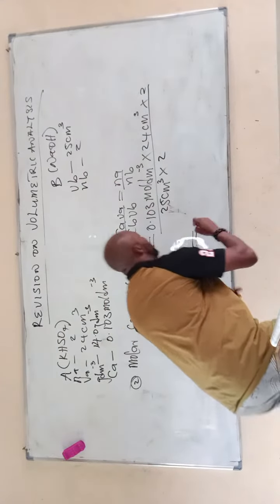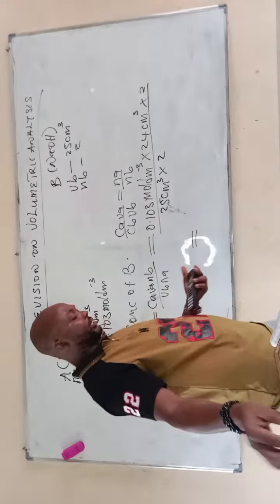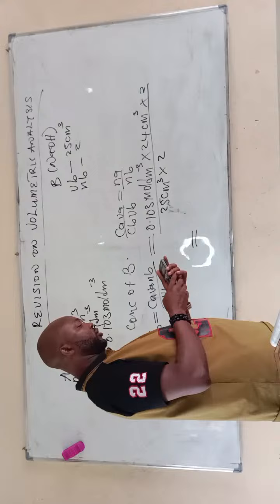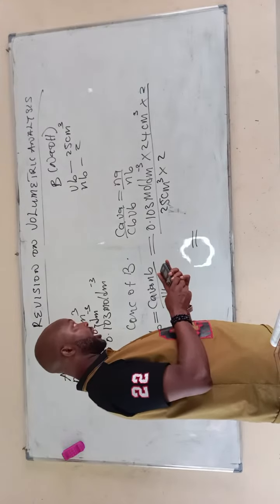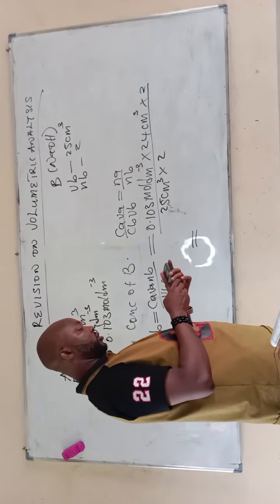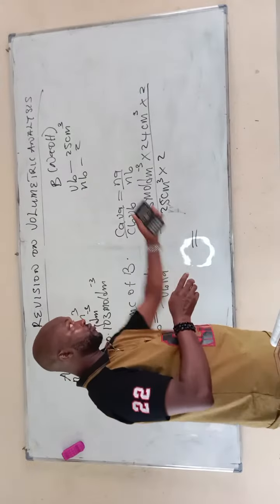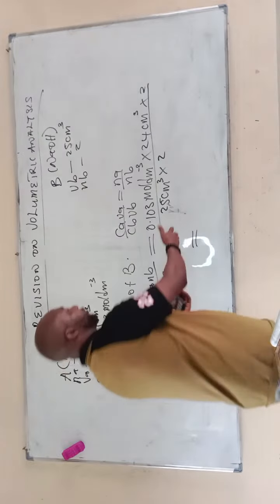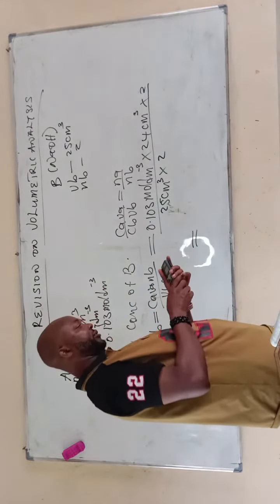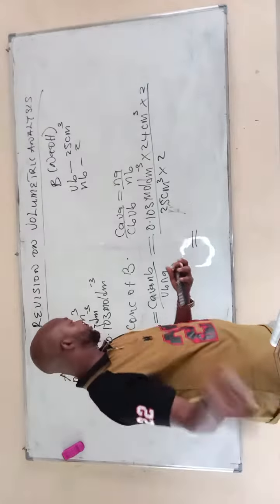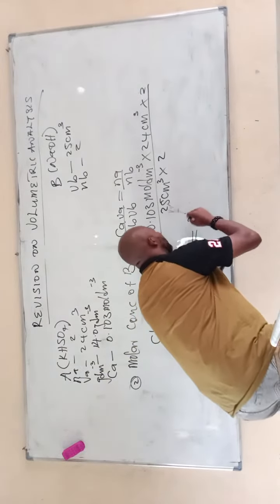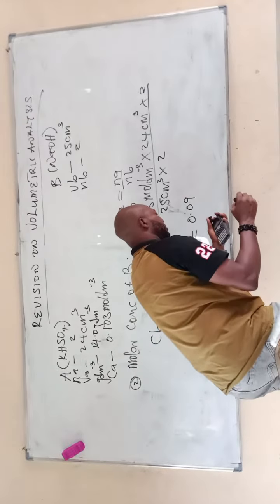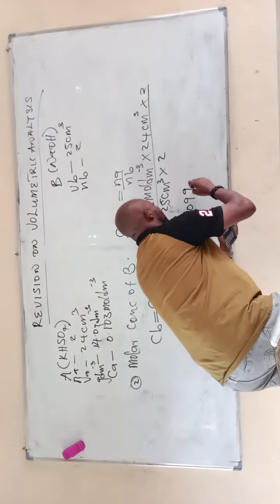So if I evaluate this, what am I going to get? Let's see. 0.103 times 24 times 2, which is that. Divide by 50, I will have 0.0999.